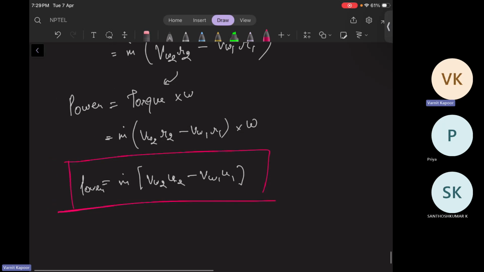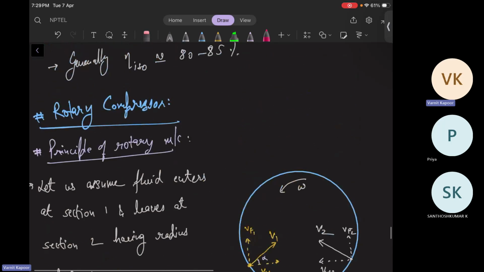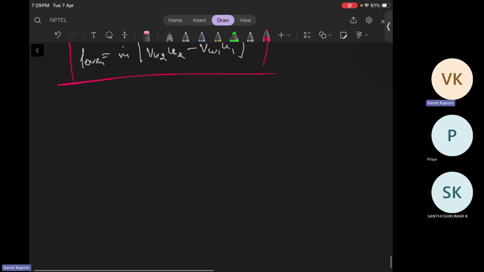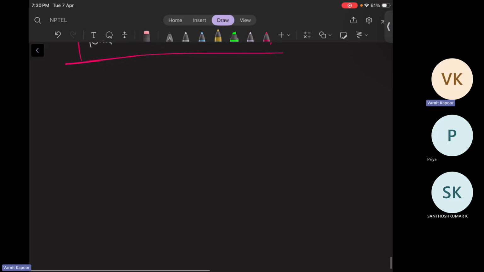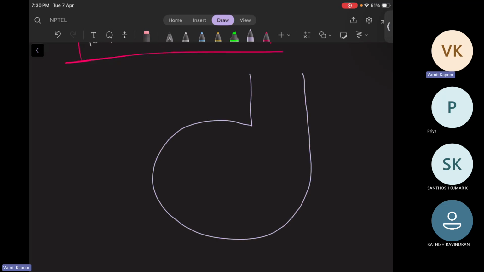Now let us make a proper diagram for understanding all these scenarios, how these will look over the blades. Let me make the diagram first.